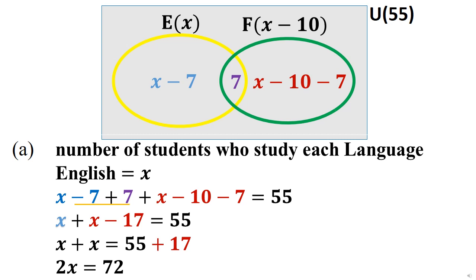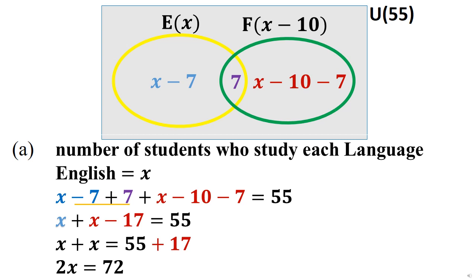So to solve for our x, which is English, we add everything we can see within the 2 circles. Then we equate this expression to the universal set, which is 55. Then we solve for x, which is our English.